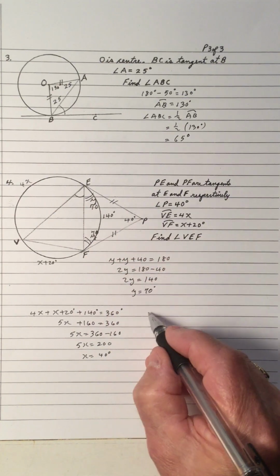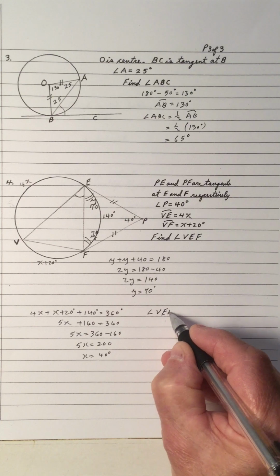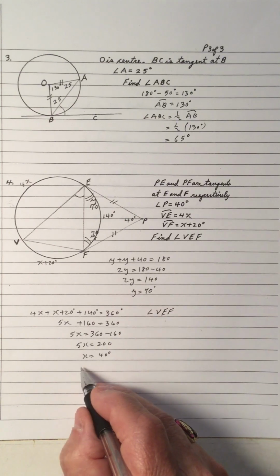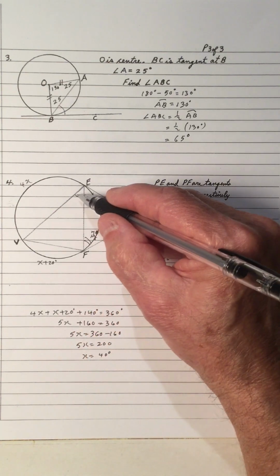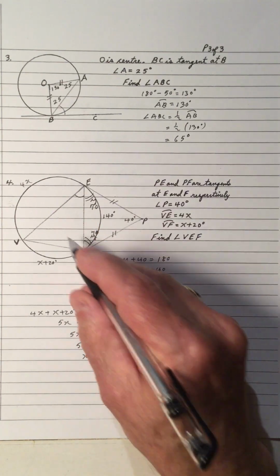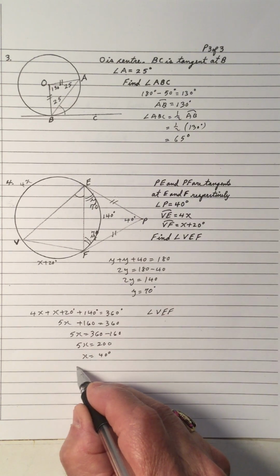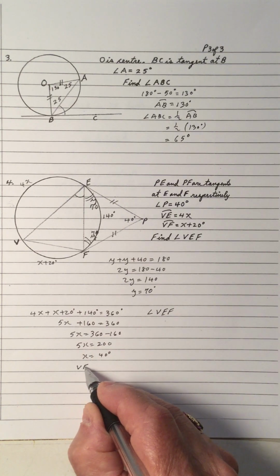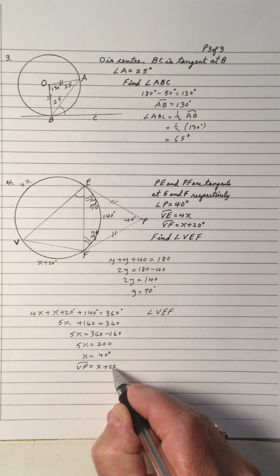Now what do we need to find? We need to find the measure of angle VEF. VEF is this angle here, but we need to get the arc. So let's get the arc VF, which is equal to x plus 20.